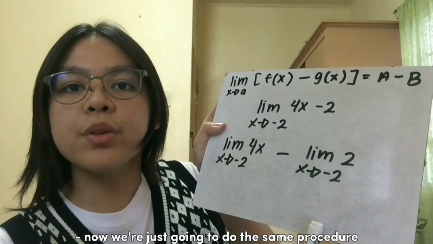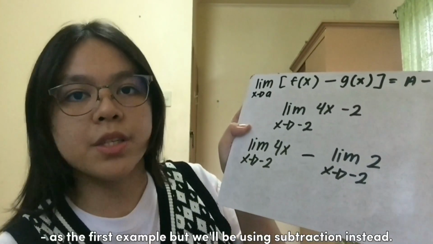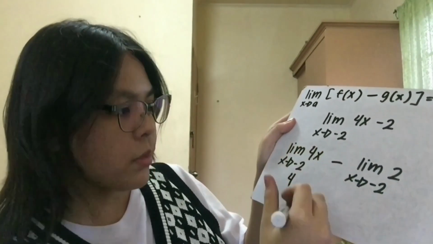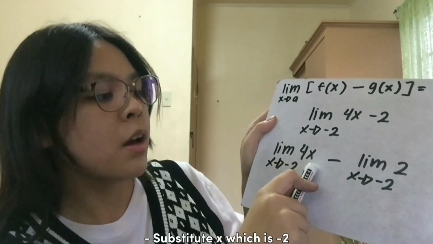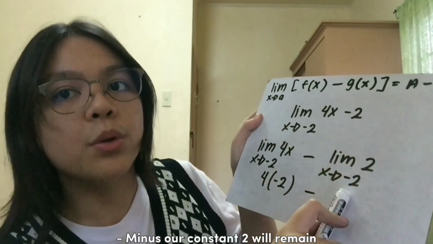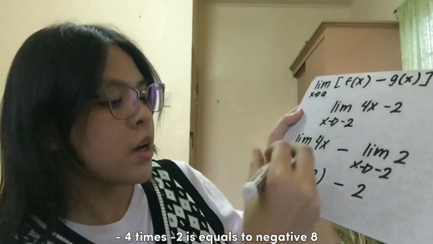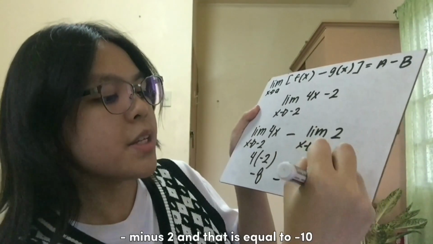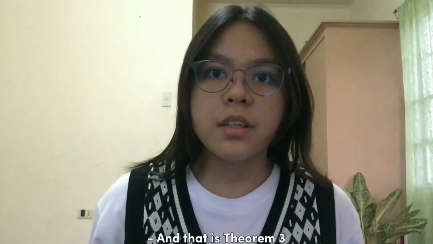Now we're just going to do the same procedure as the first example, but we'll be using subtraction instead. We have 4 times x, substitute x, which is negative 2, minus our constant 2 will remain. 4 times negative 2 is equal to negative 8, minus 2, and that is equal to negative 10. And that is theorem 3.